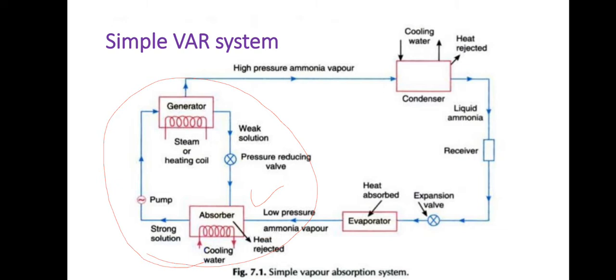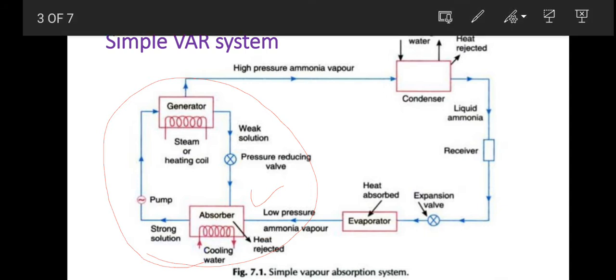Water has an affinity to absorb ammonia vapor, so that's why we have used ammonia as the refrigerant and water as the absorbing medium. In the absorber, low pressure ammonia vapor is taken in, and the weak solution coming from the generator absorbs the ammonia vapor and is converted into the strong solution.